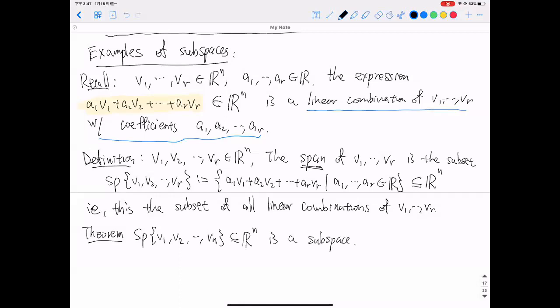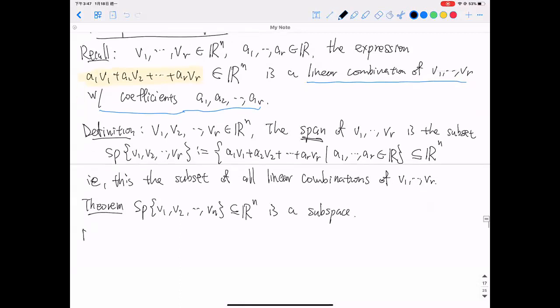Okay, so proof. As you may still remember, to check that we have a subspace, we need to check three properties. First one is called S1. That is, we need a zero vector.